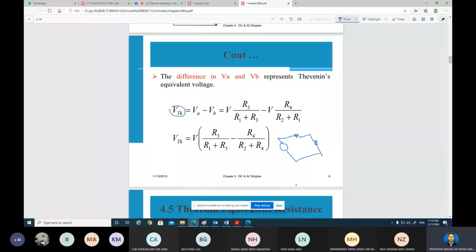This one we call the Thevenin voltage, this one is the Thevenin resistance, and this one is RG, the resistor of the galvanometer. Now we know how to get the Thevenin voltage using this formula, and next we have to calculate the Thevenin resistance.